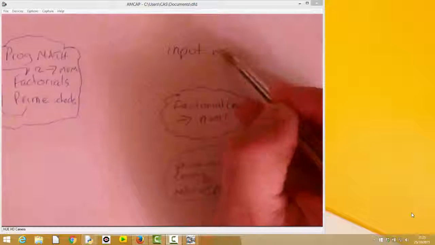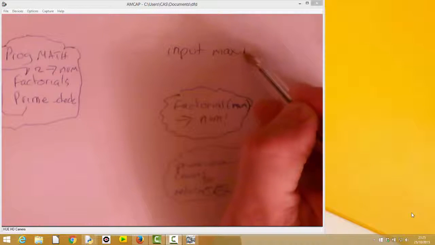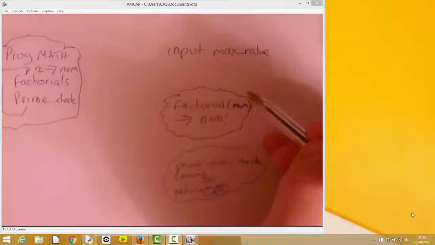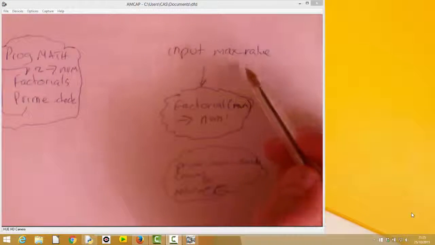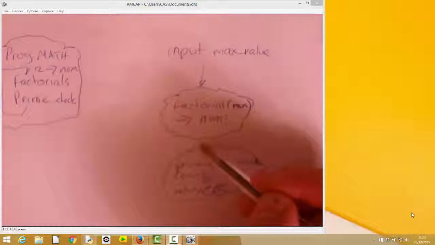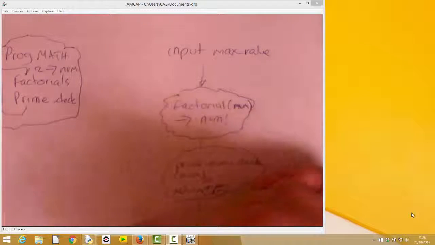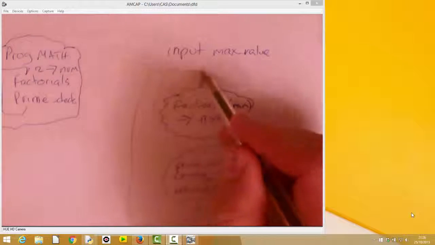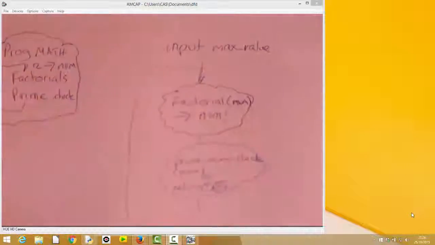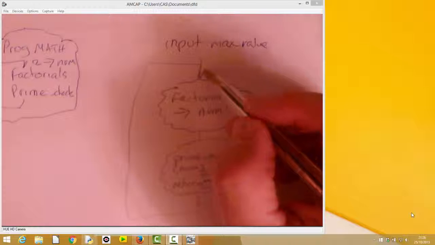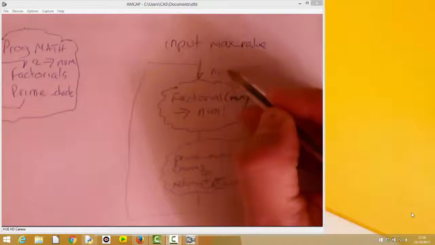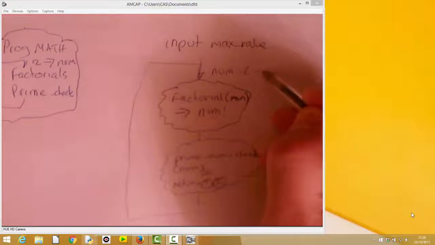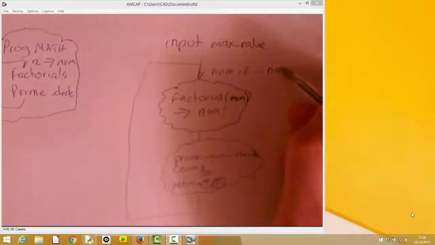So input, we need to get the max value, and we then need to kind of come down here with this maximum value and go back up to the top and loop round several times like so. And as we go down here, what's our number going to be? Our number is going to start at the value 2 and go all the way up to our max value.